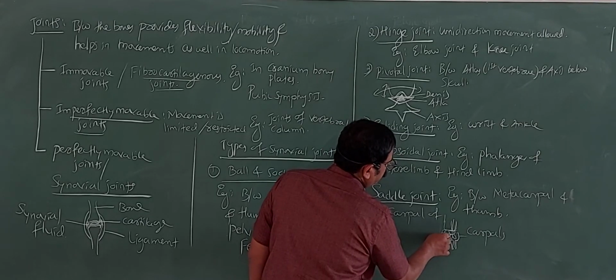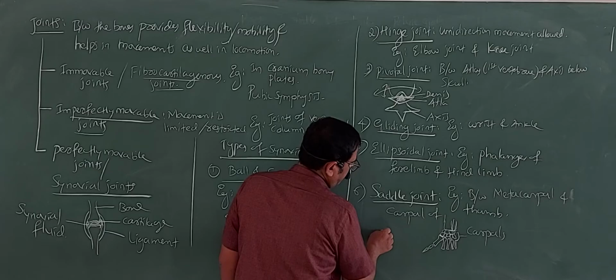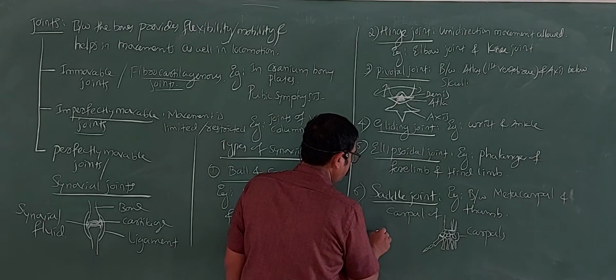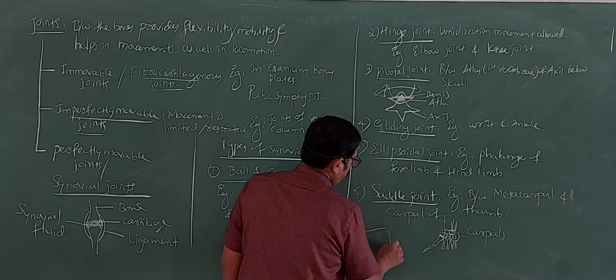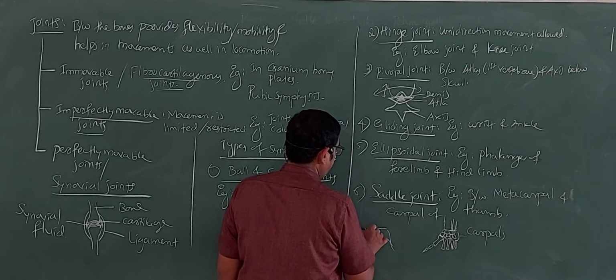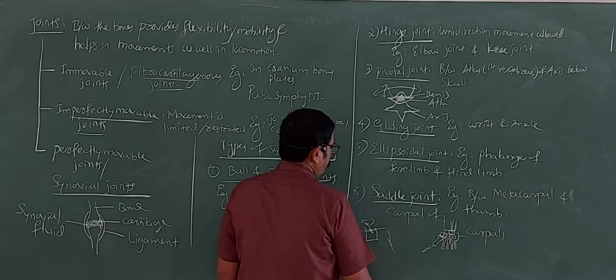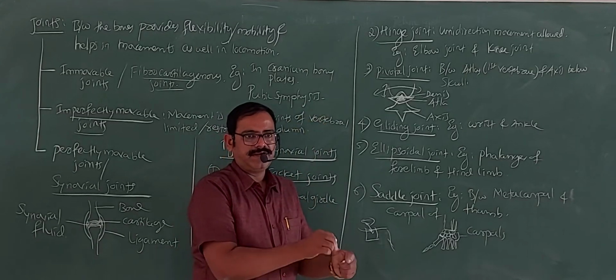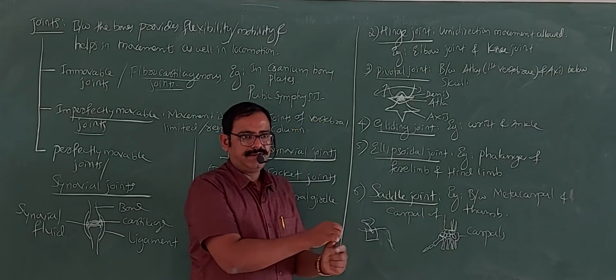This joint helps it move like a saddle on a horse's back. Imagine the saddle is here. The saddle moves right and left, and front and back. Like that, our thumb is capable of moving front and back, right and left.